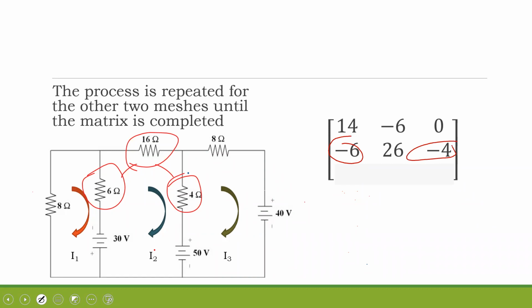And then the sum of those 3 elements will give us the 26. For mesh 3, A33 would therefore be 12. Shared between the meshes would be 4, so we have -4. There's nothing linking 1 and 3, so it is 0. So that would be our resistance matrix.